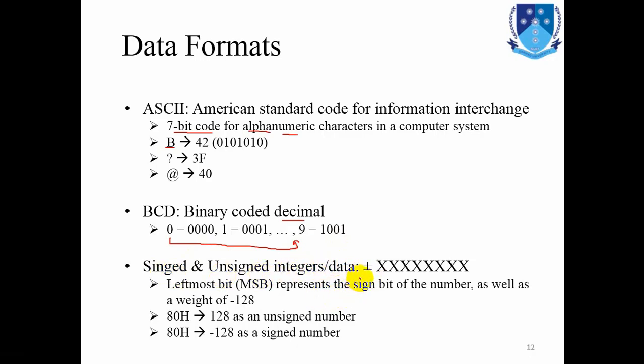It means that the number can be either a positive number or a negative number. Here the leftmost bit, simply known as the most significant bit of that number, represents the sign bit of the number, as well as a weight of -128.